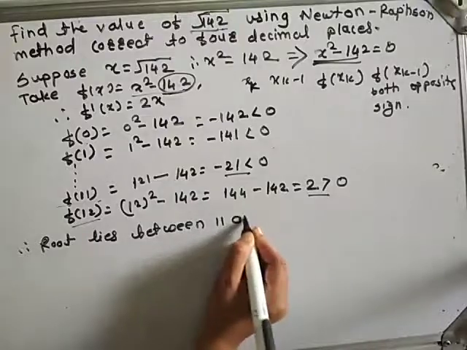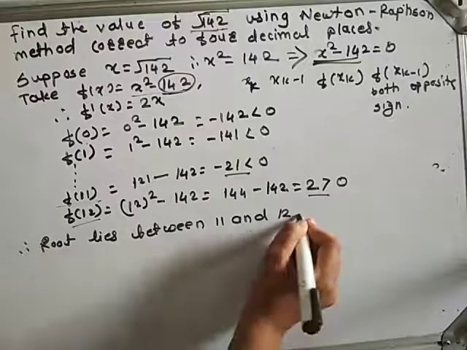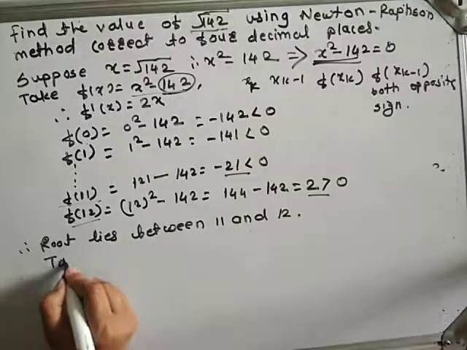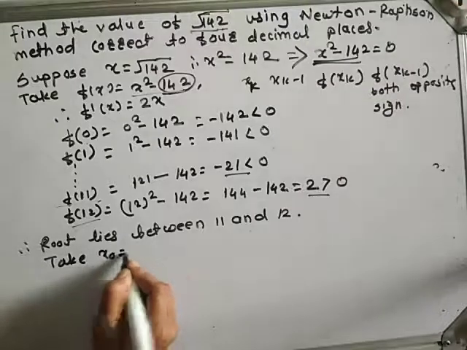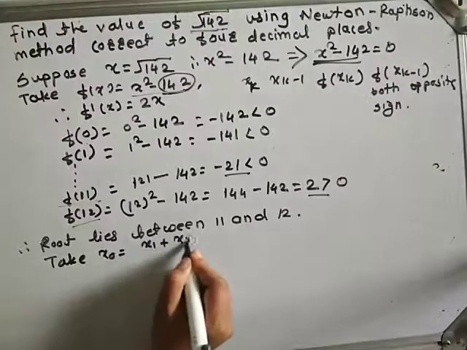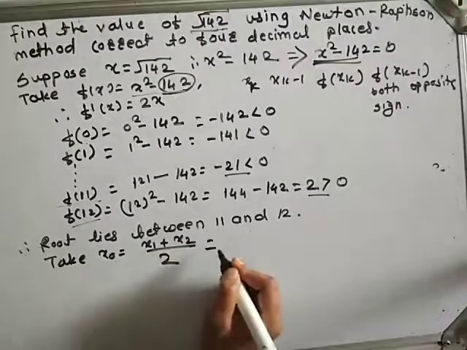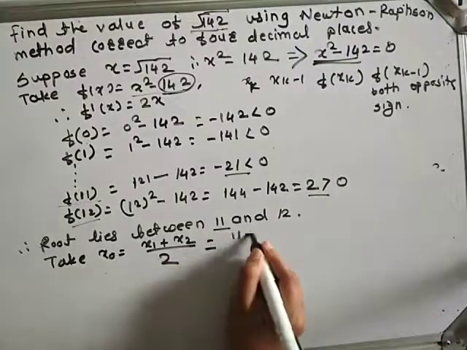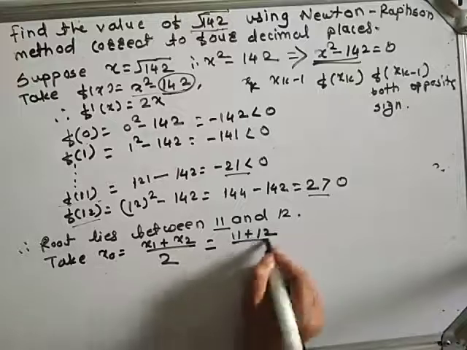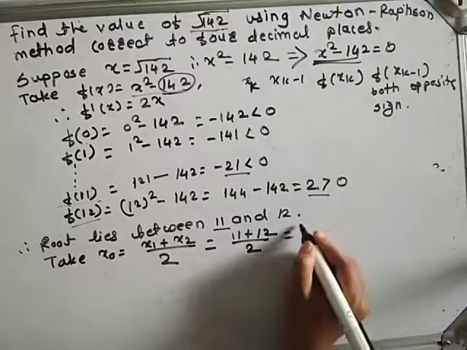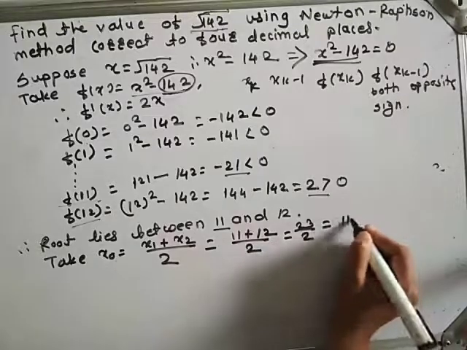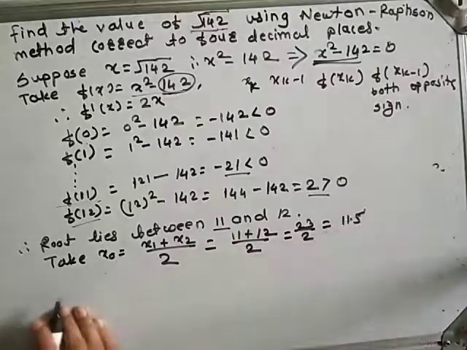11 and 12. Therefore we find an approximate value of the root, that is x0, which is equal to x1 plus x2 upon 2. Here x1 is 11 plus x2 is 12 upon 2, which is equal to 23 upon 2, which is equal to 11.5.